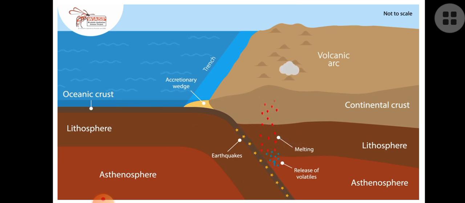And not only earthquakes: from the asthenosphere you can see red dots moving up, and there is a white cloud in the brown part of the continental crust, that is a volcano. So when the tectonic plates collide, it can cause two important things: earthquakes and volcanoes.